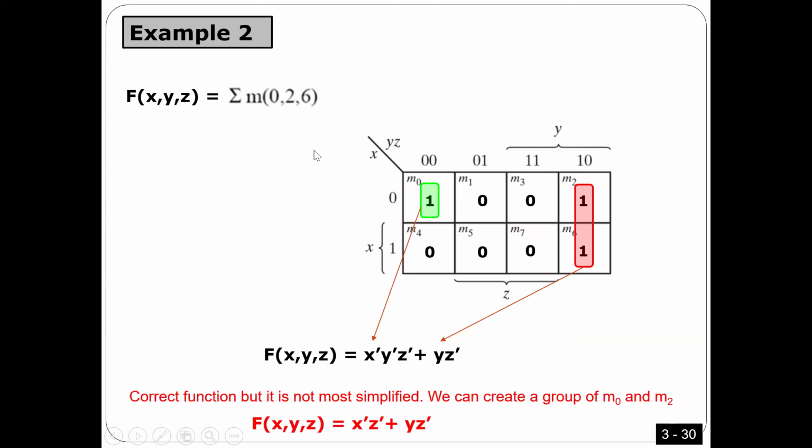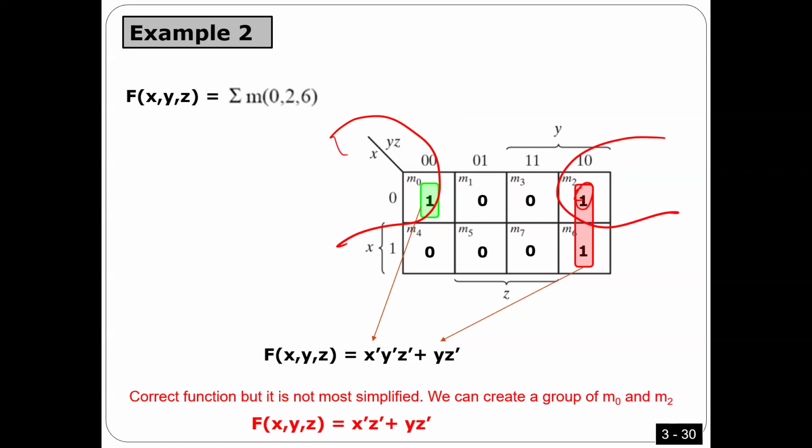But is this solution the most simplified one? Yes or no? No. Why? Can you minimize the number of groups? No, I can't. But I can make this group bigger. How can you make this group bigger? I can take it with its neighbor. This one here actually has a neighbor here. This one is going to be shared between two groups.